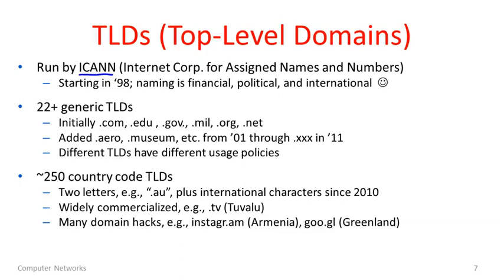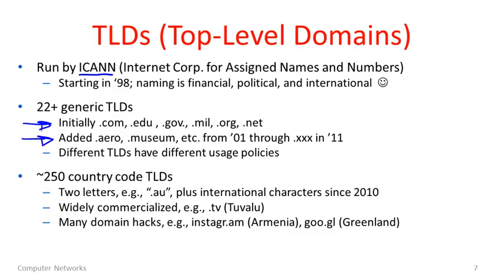So ICANN here began to administer the top-level domains, or TLDs as they're called. Initially, when the internet was young, from the beginning of the DNS, there were 6 TLDs. Well, pretty close to the beginning anyhow. .com, .edu, .gov, .mil, .org, and .net. You're probably familiar with most of these already. Although I would remind you actually that since ICANN took over, there has been a process for adding more TLDs.